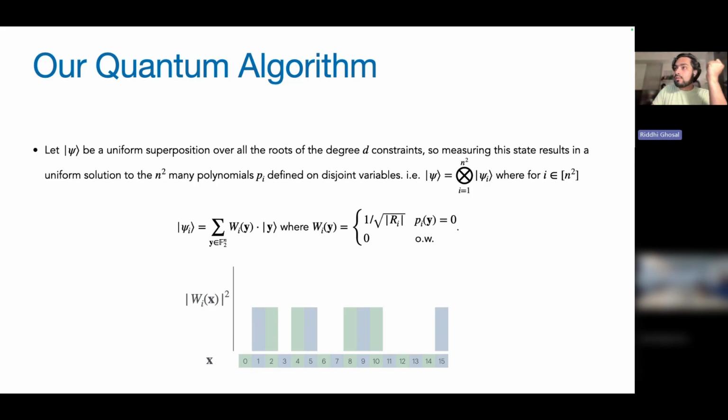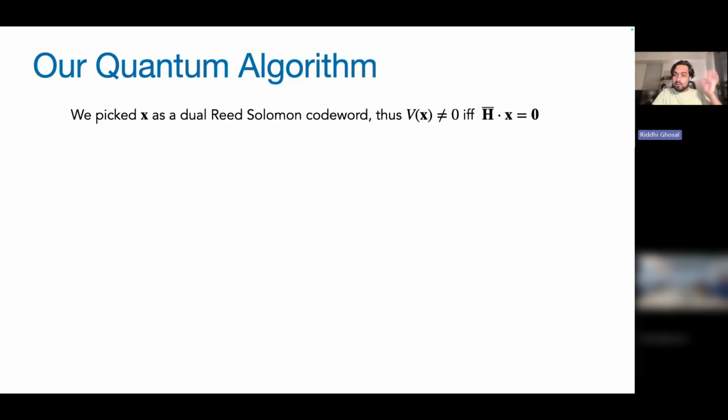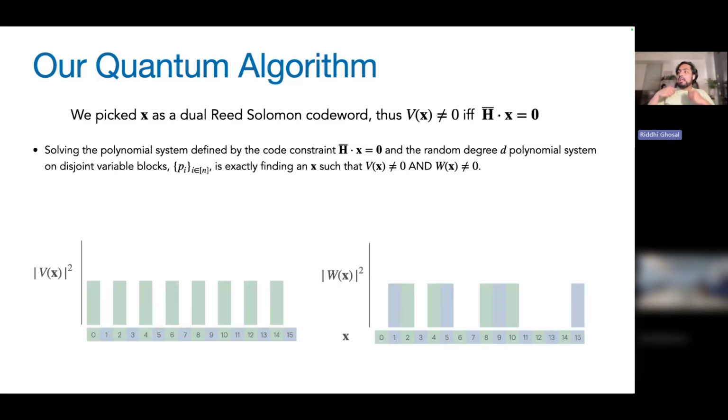And now observe the following. We picked x to be a dual Reed-Solomon code word. So by definition, Vx is non-zero if and only if this linear constraint is satisfied, right? That's by the definition of how we set things up. So Vx will be non-zero when x is a dual Reed-Solomon code word, and Wx will be non-zero when x is also a solution to the higher degree systems, right?